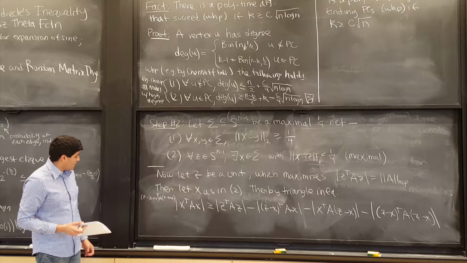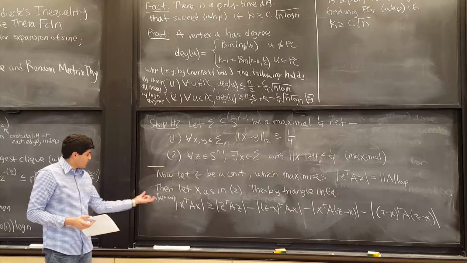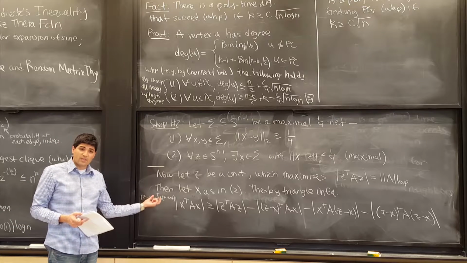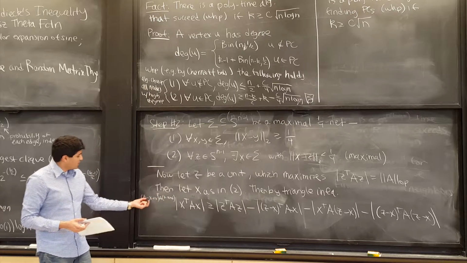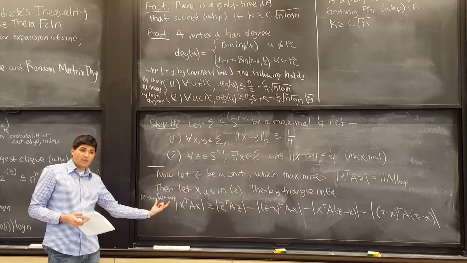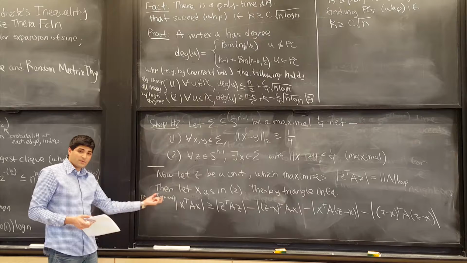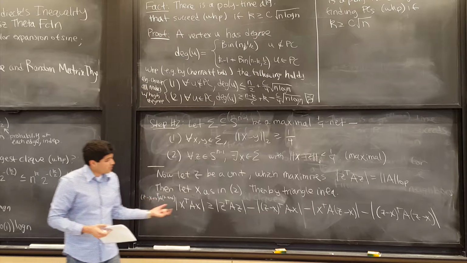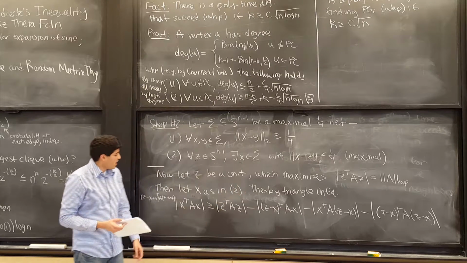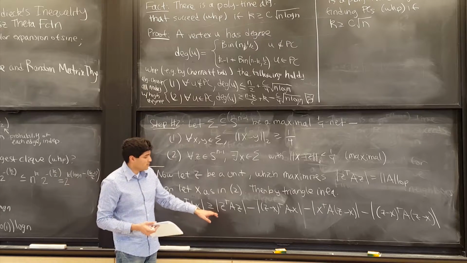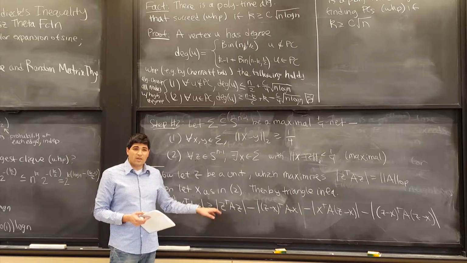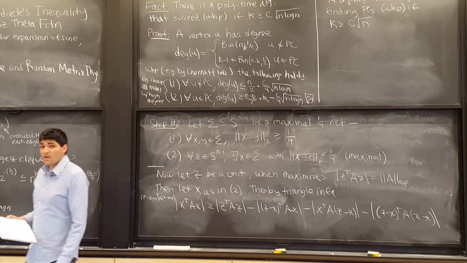So lo and behold, this entire thing equals z transpose A z. And when you expand this out, you're going to get some cross terms due to x, and then cross terms due to all the other pairs. You pull those all on the other side, and what this tells you is that x transpose A x can't be too much smaller than z transpose A z.